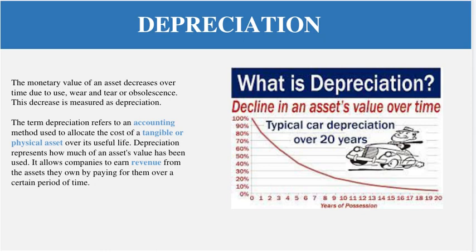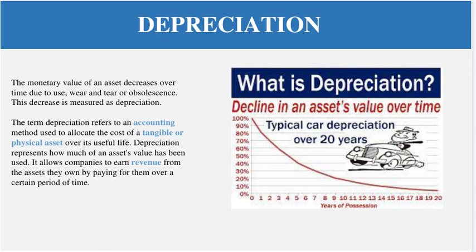Depreciation means that you measure what the value will be. For example, you have a computer laptop, and the life of that asset is 5 years. So you will calculate the depreciation value for the next 5 years.